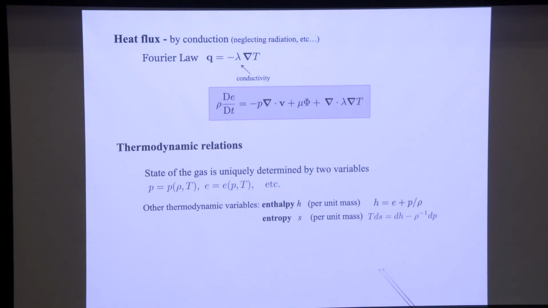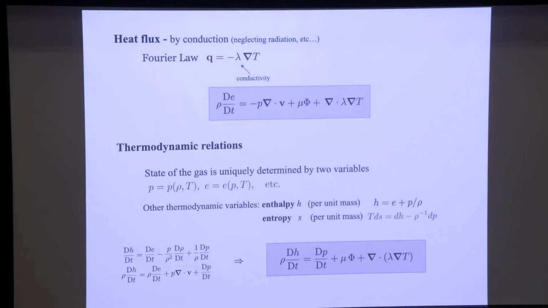And the other one is the entropy, which one way to determine it is from what is known in thermodynamics as the TdS relation: essentially T times the change in entropy is the change in enthalpy minus the change in pressure divided by density. So those are the relations that we want to use to further expand or write our governing equation.